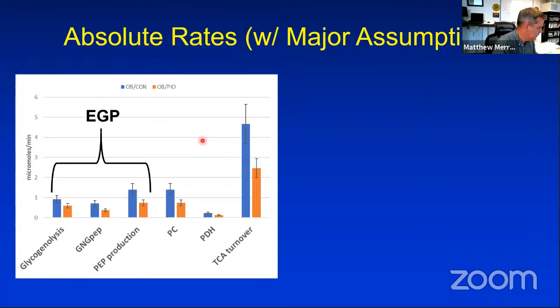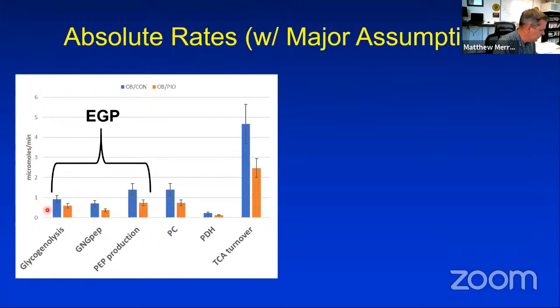Now, what I've got here labeled endogenous glucose production, this is pretty ironclad because we know the fractional rates, and we know that we've got this decrease in endogenous glucose production.